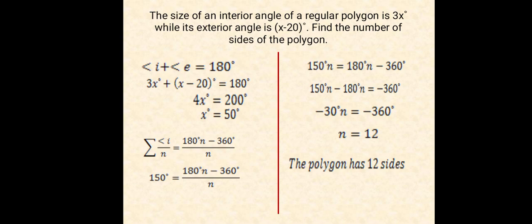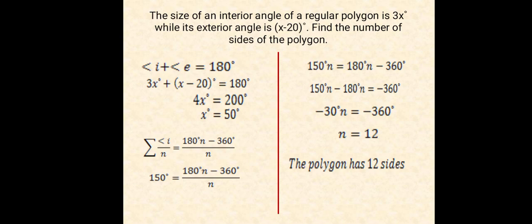Now we know that the interior angle is 3x. So 3 times 50, so one interior angle is 150 degrees. Now, we also know that the sum of interior angles divided by the number of sides of that polygon is equal to the size of the interior angle.